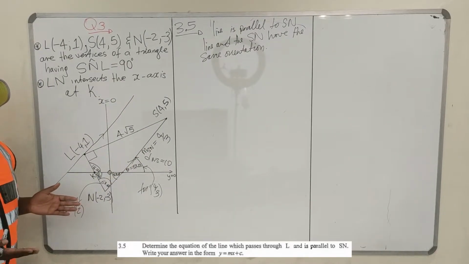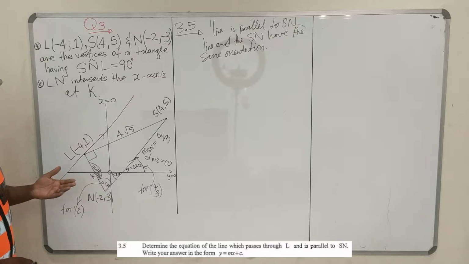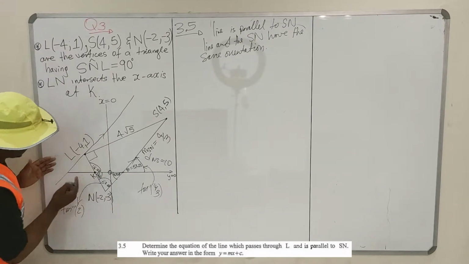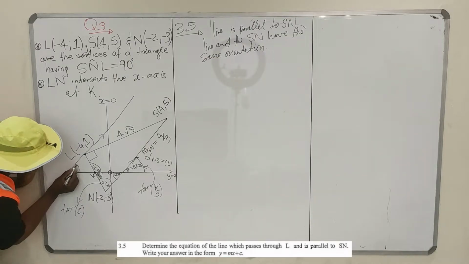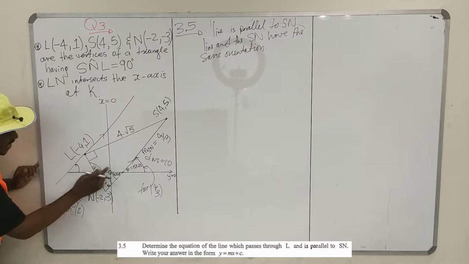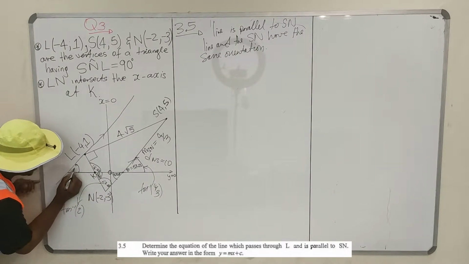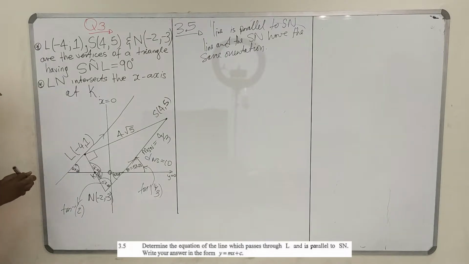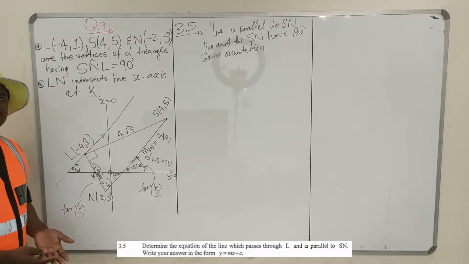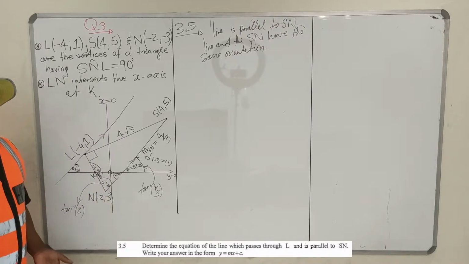So if two lines have the same orientation, which means the angle they make with the x-axis will be the same, which is this angle also makes 53.13. If they make the same angle with the positive x-axis, that means they have the same gradient.